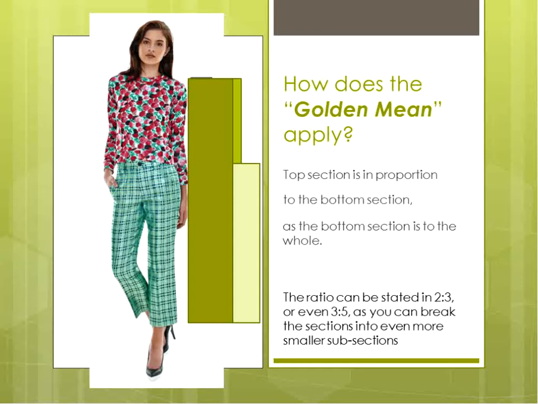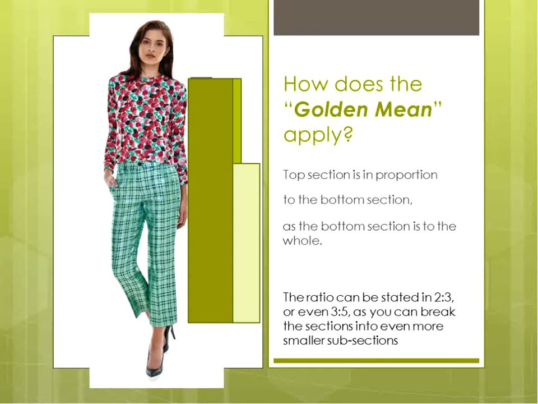But the golden mean, that was covered a little bit in the slideshow you could watch before, is a proportional relationship that has been proven over time mathematically by the Greeks, as well as seen in nature repeatedly.